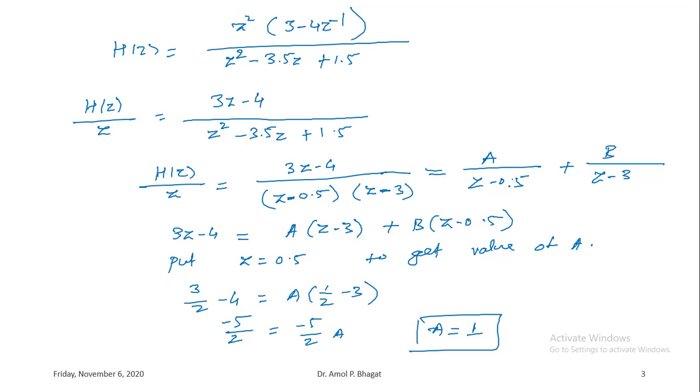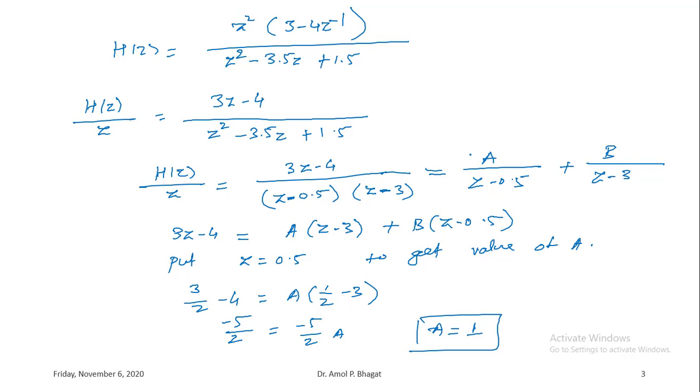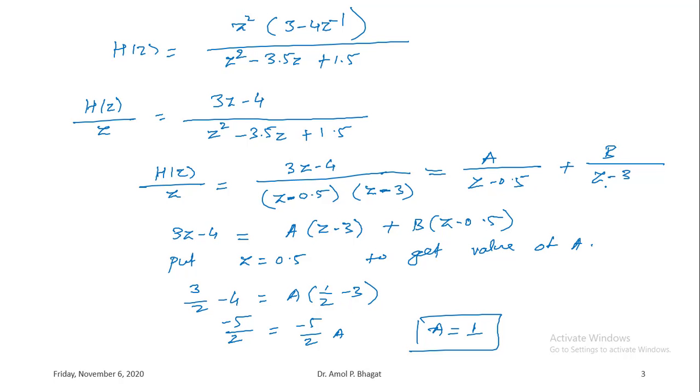We can substitute these values, a equal to 1 and b equal to 2, in this partial fraction expansion form. So you can write H of z upon z is equal to 1 upon z minus 0.5, plus in place of b, 2 upon z minus 3.